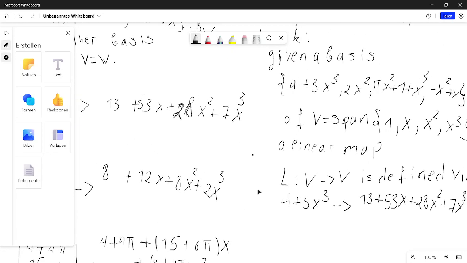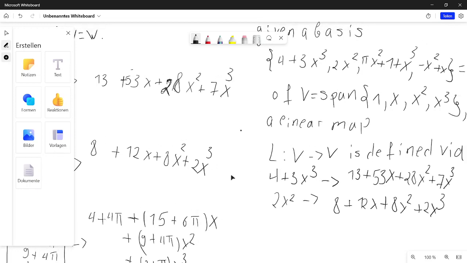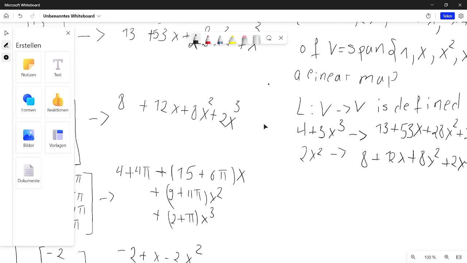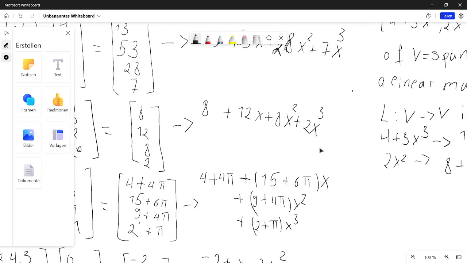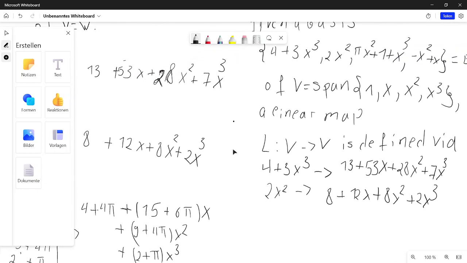Here 2x squared plus 12x plus 8x squared plus 2x to the power 3. Well, here 1, 2, 5, 1.